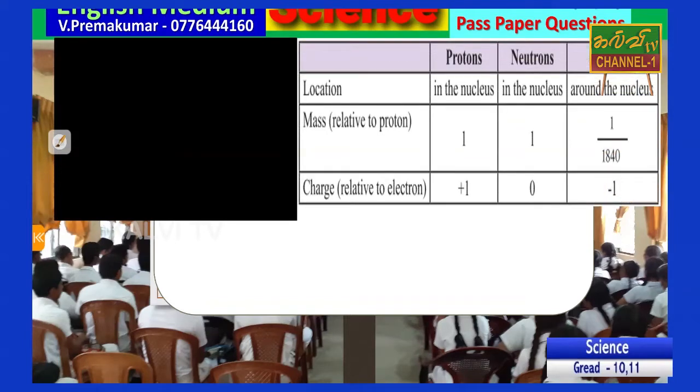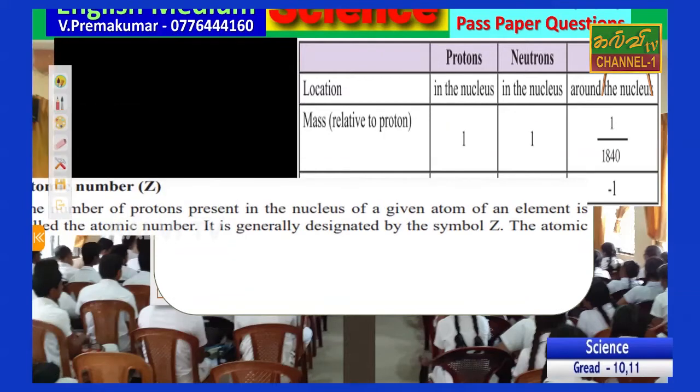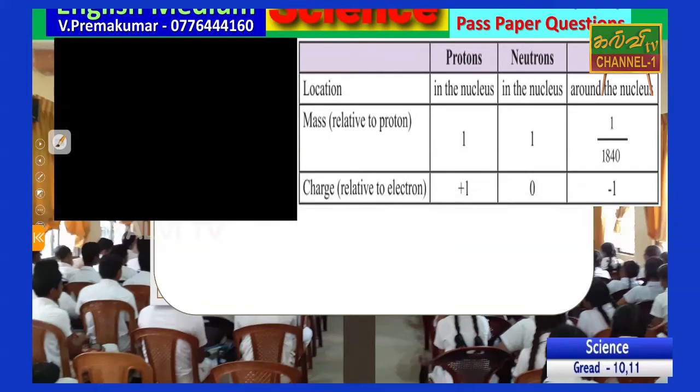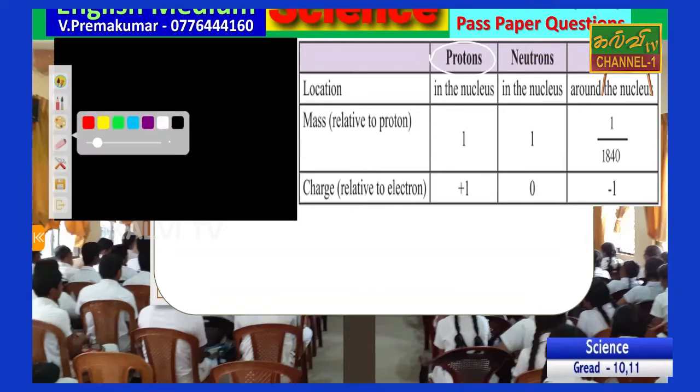After that, they have studied the subatomic particles, meaning protons, neutrons and electrons.